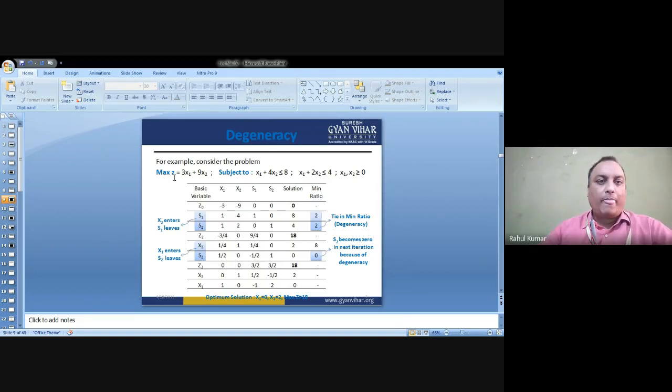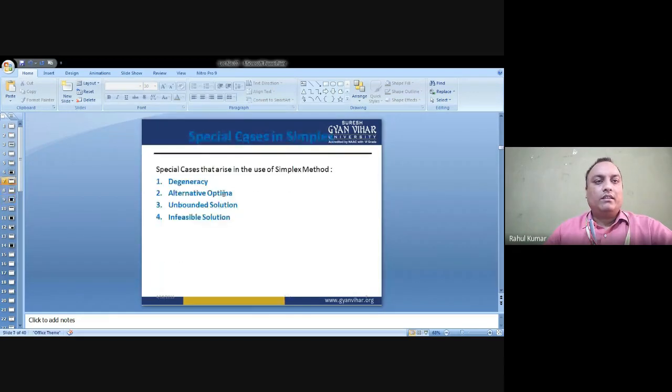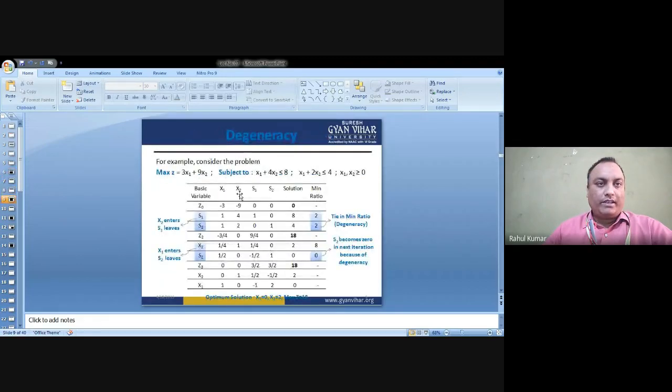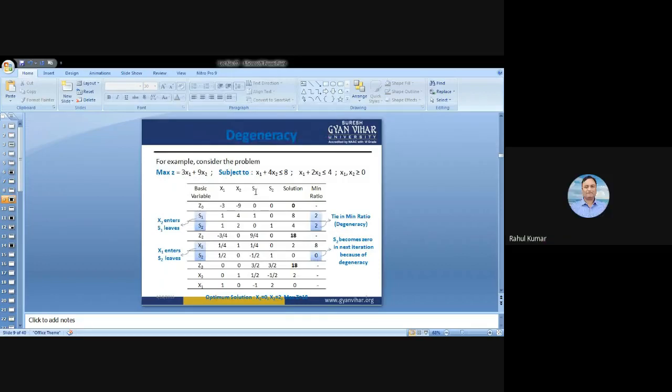For this case, just maintain this tabulation. The basic variable here is z, the non-basic variables are x1 and x2, and the slack variables are s1 and s2. Then z is 0, and here the coefficients are -3 and -9, and the slack variables are 0, 0.